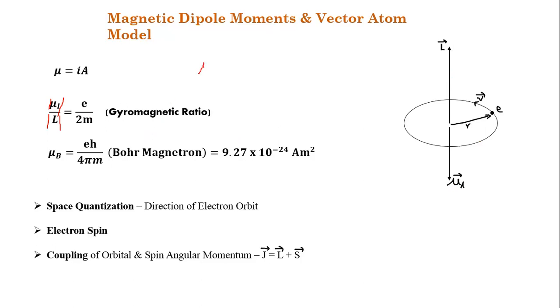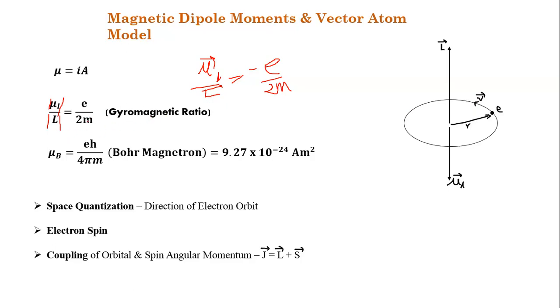So the general equation is of the form mu L vector divided by L vector equals minus e by 2m, which is again due to the negative charge of the electron. This gives the magnetic dipole moment produced due to the orbital angular momentum. This ratio is known as the gyromagnetic ratio.